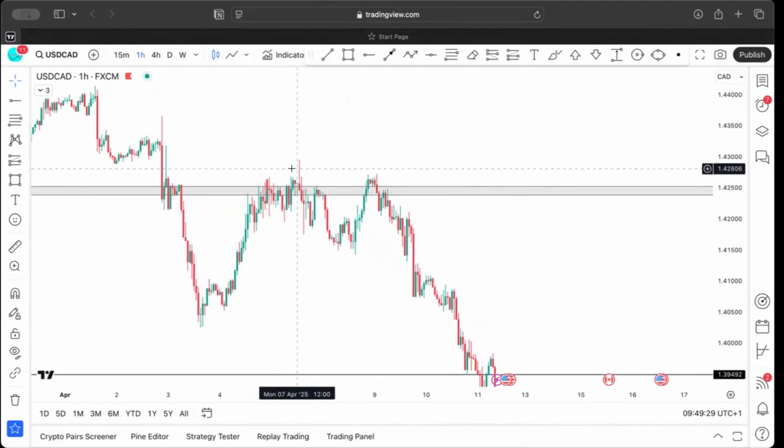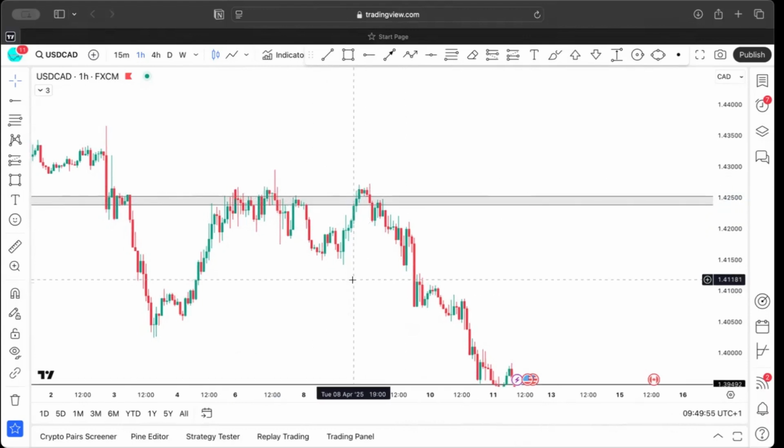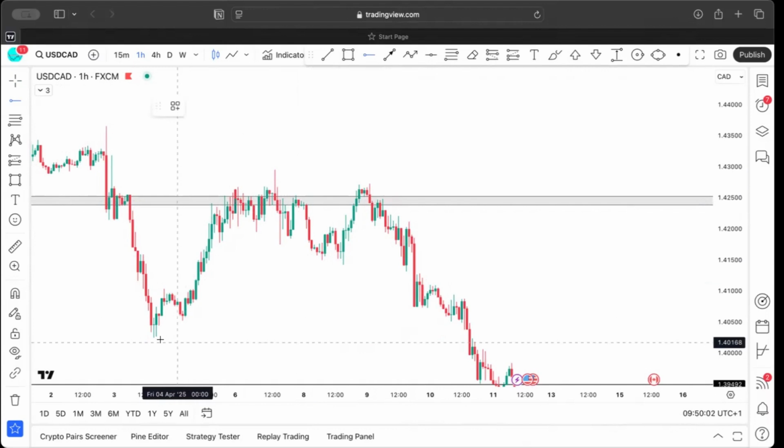Looking at this market structure here, you can clearly see that this is messed up, so I was not concentrating on what is happening here. I wanted to see if sellers will hold this 4-hour zone to the downside. This will now be the zone I will be executing my sell trade from.